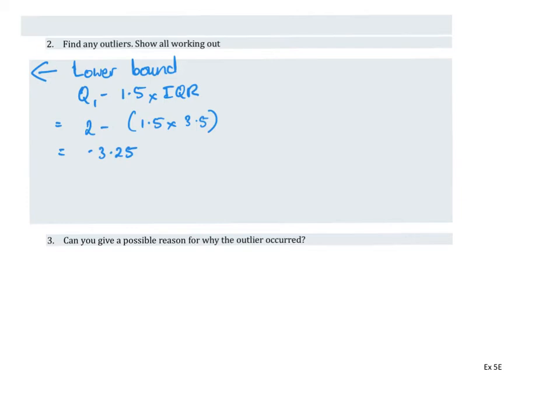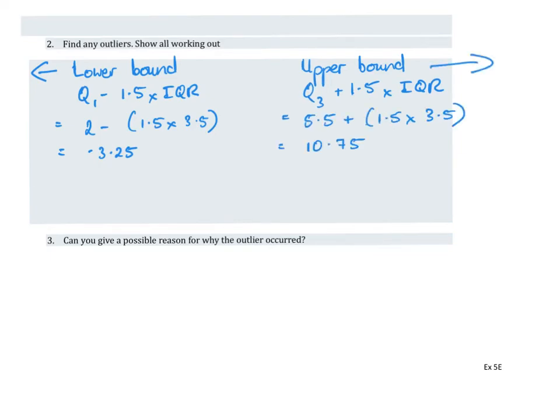So now we need to check for outliers on the upper side, or the upper bound. And what was our rule there? It was Q3 plus 1.5 times the interquartile range. So let's fill that in. In this case we get 5.5 plus 1.5 times 3.5. And again, all into your calculator, you get 10.75.